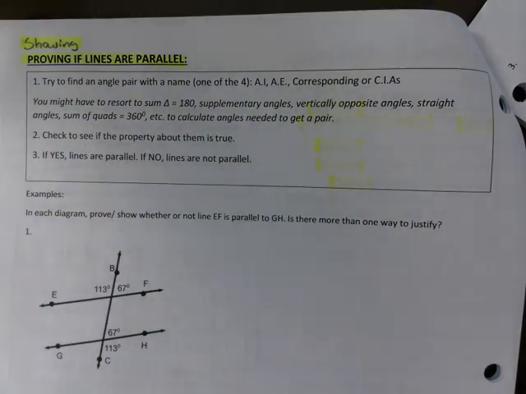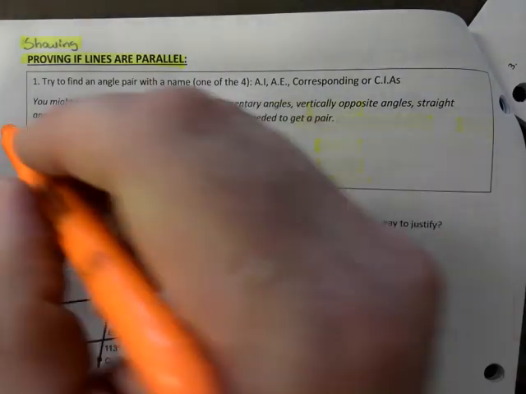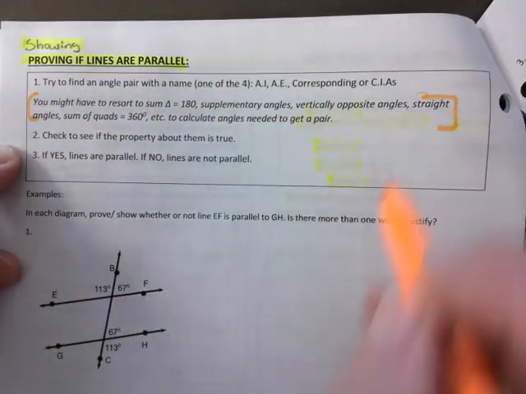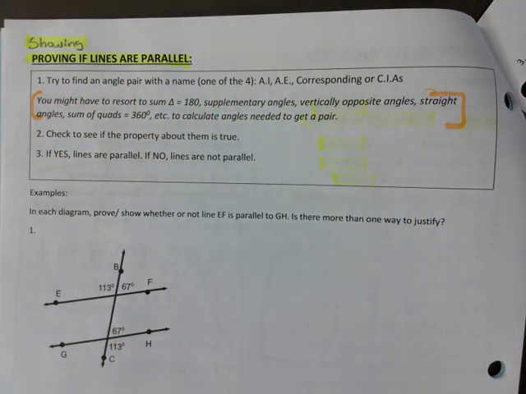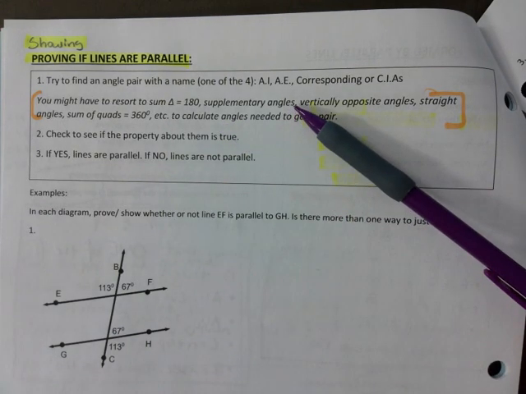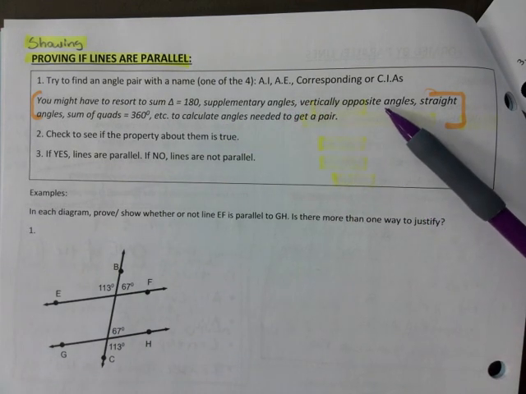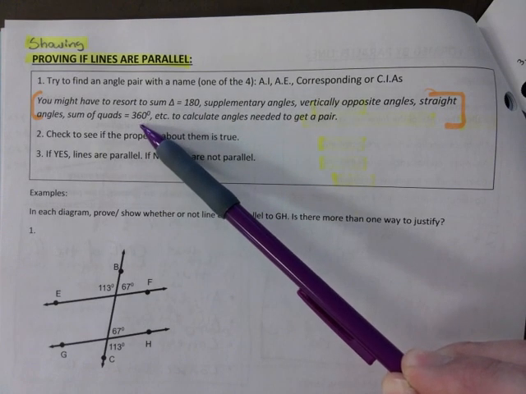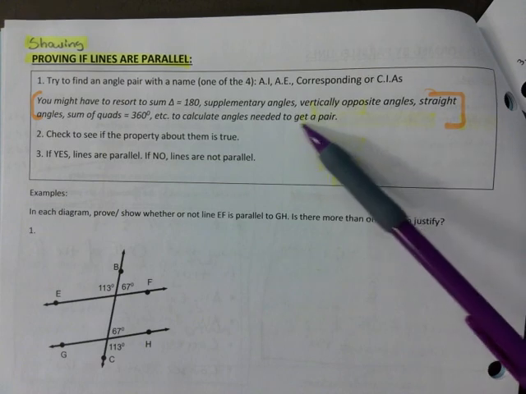Notice what it says here. Just going to put this in brackets. You might have to resort to sum of triangles equal to 180, supplementary angles, vertically opposite angles, straight angles, sum of quads to calculate the angles needed to get a pair.